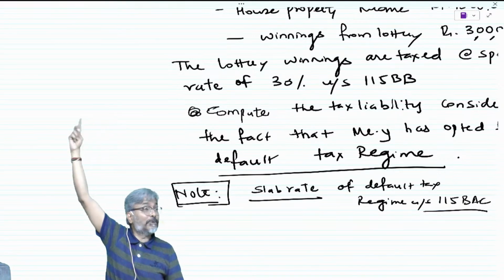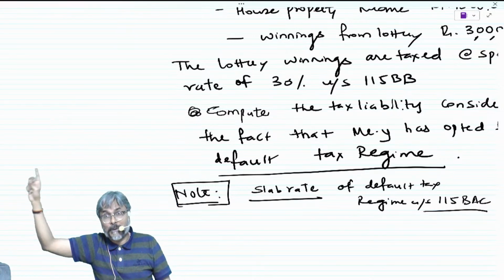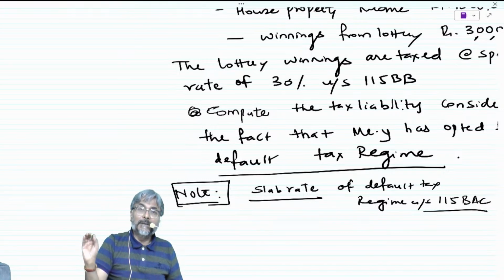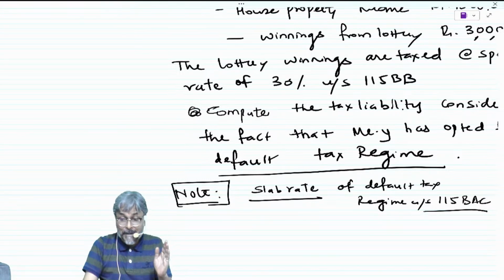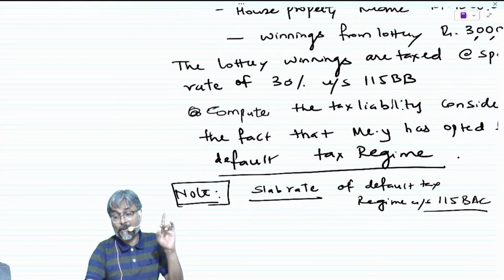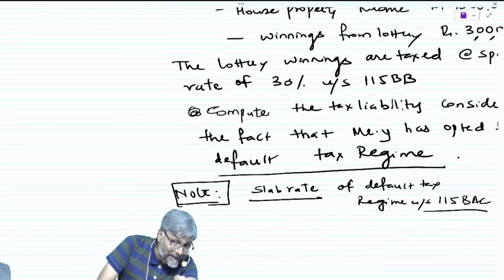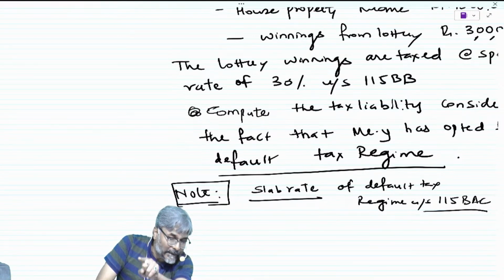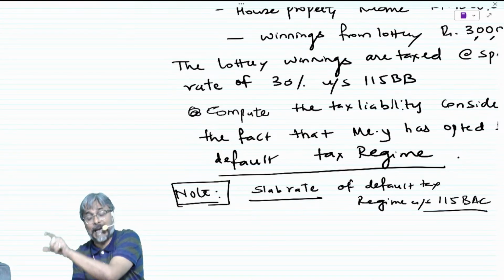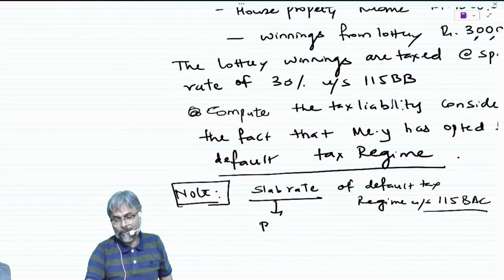Thereafter 9 lakhs 1 to 12 lakhs 15%. Thereafter 12 lakhs 1 to 15 lakhs 20%. Above 15 lakhs, 30%. But this slab has to be applied on what? On the balance total income. Please underline the words balance total income. On the balance total income, you apply the slab rate of default tax regime.